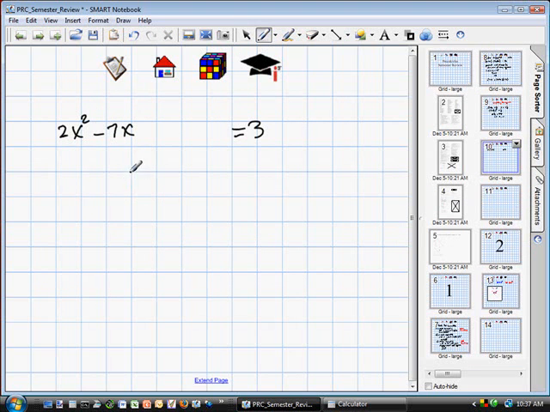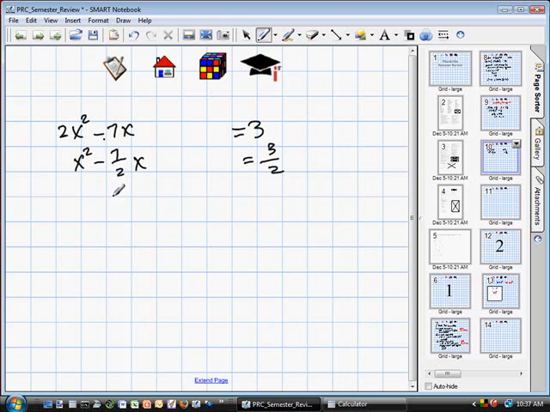I can't right away do anything with this because of this confounded 2. I have two options. I could just get rid of it by dividing both sides by 2. Then you'd have x squared minus 7/2 x equals 3/2.